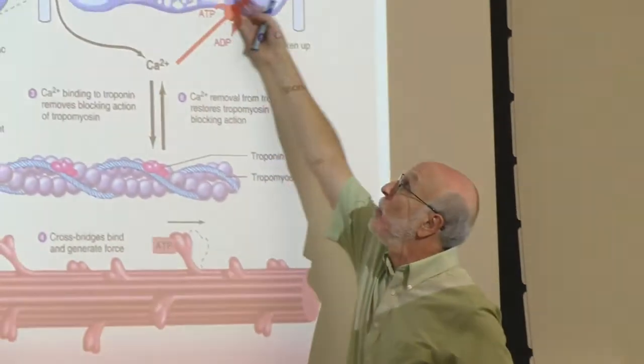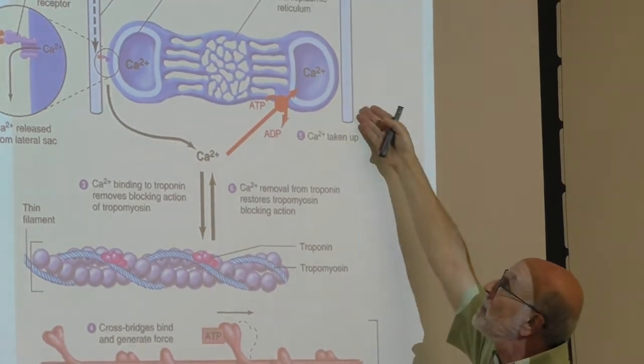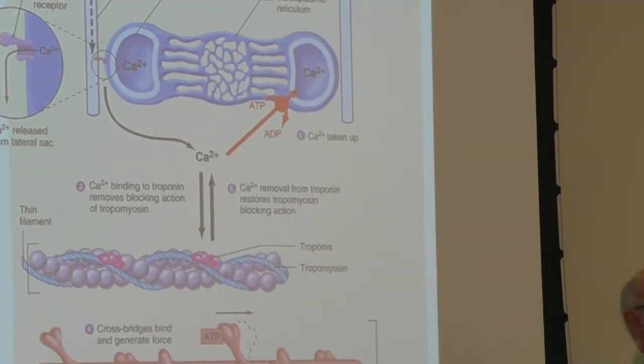Your heart needs to relax between heartbeats. So we need to take up the calcium, and that's what PMCA and SERCA do, to lower intracellular calcium between heartbeats so that the heart can relax and refill. It's got to be relaxed between beats. You can't just contract once.